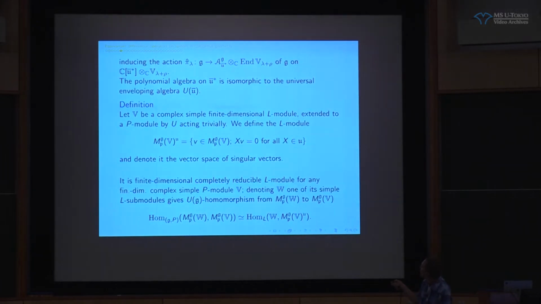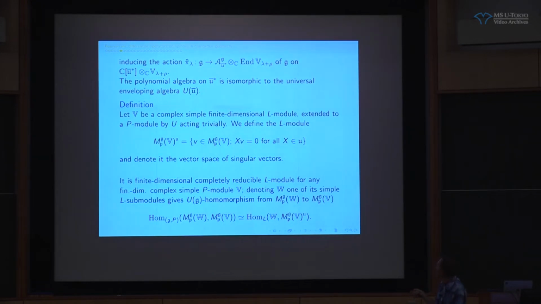In the first two cases, when the corresponding nilradical is commutative, the polynomial ring is isomorphic to the universal enveloping algebra of the corresponding nilradical for the parabolic decomposition. So here's the definition.